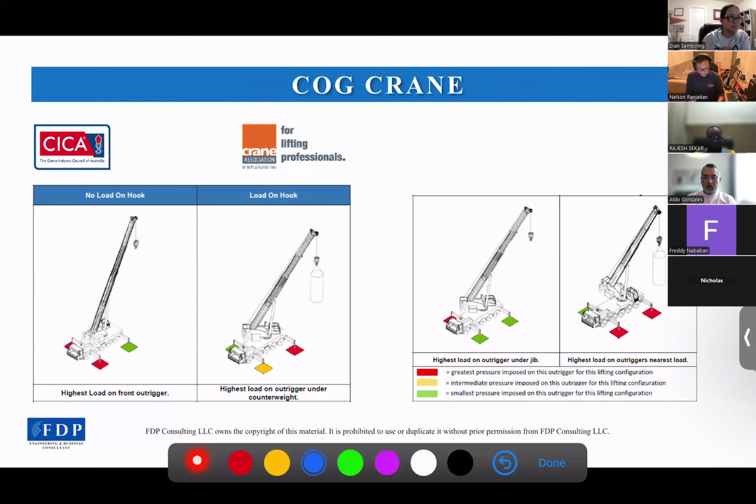In this case, the foundation is the outriggers, based on the COG location. If the COG is at the front of the crane center, then the most pressure will be at the front outriggers. And if the COG is at the back, then the most pressure will be at the back.